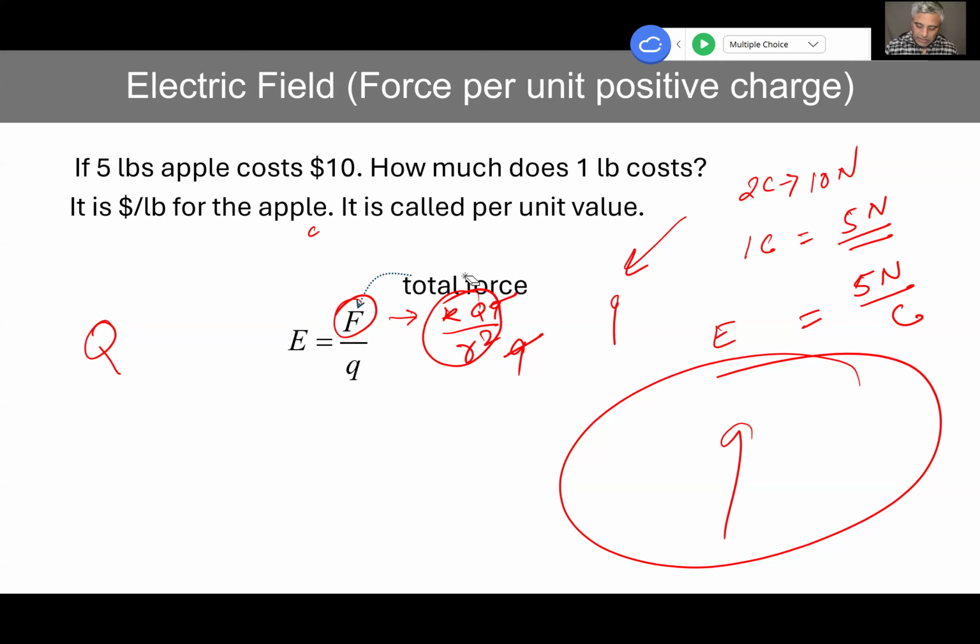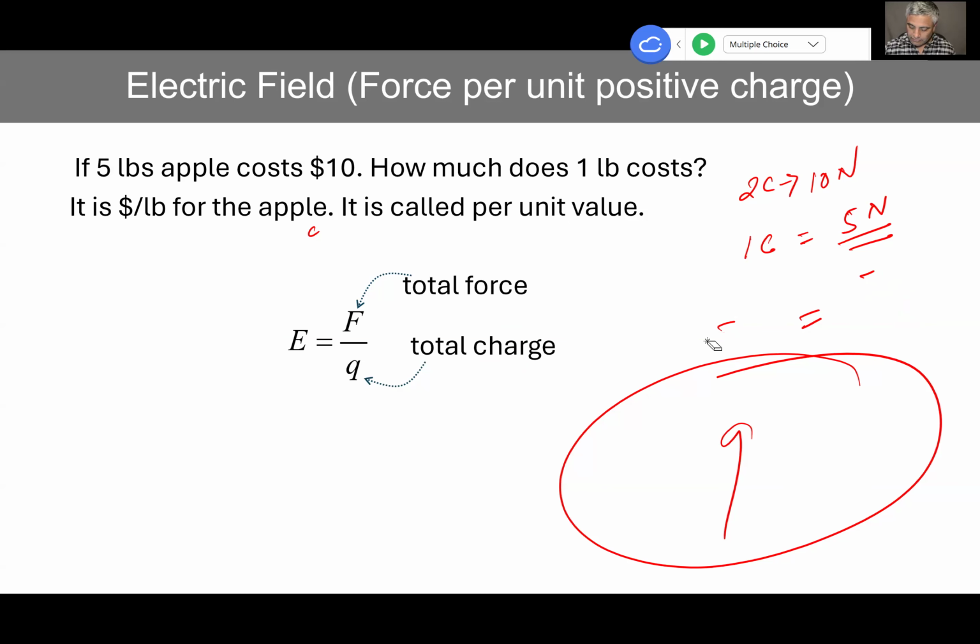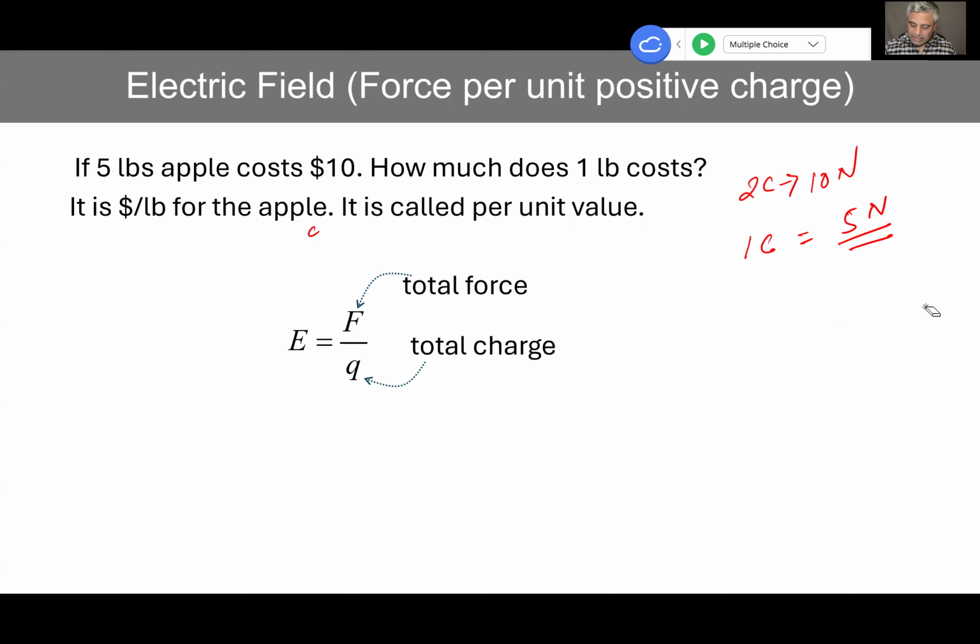So only one charge is in the equation, and the equation becomes a bit simpler: just K times one charge over R squared. So this is force per unit charge, that's what we call it. Per unit test charge, I should say.